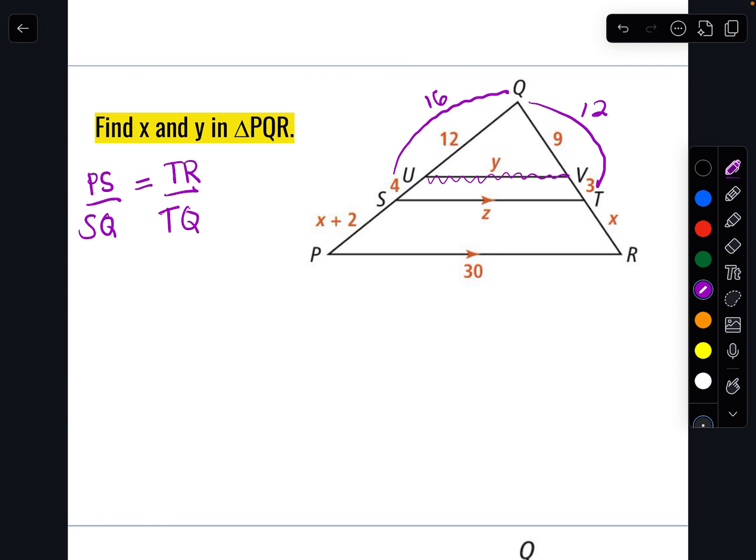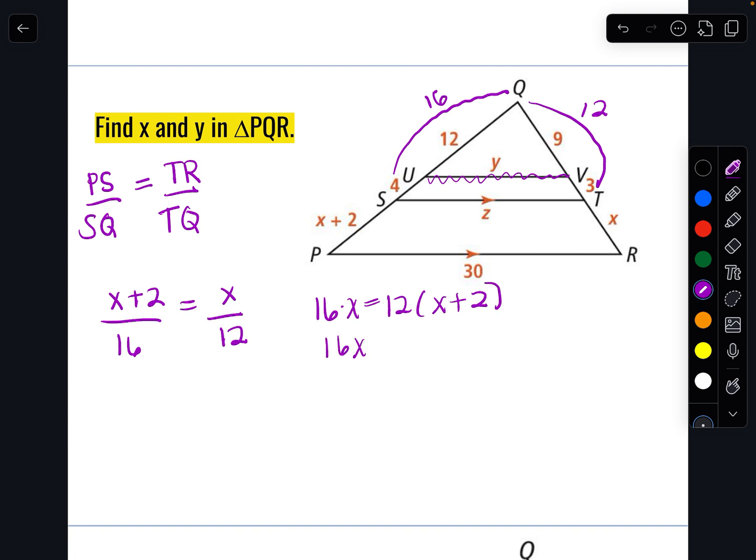So plugging in what I know here, SP is x plus 2, SQ is 16, TR is x, TQ is 12, and then solving this, 16 times x equals 12 times x plus 2.